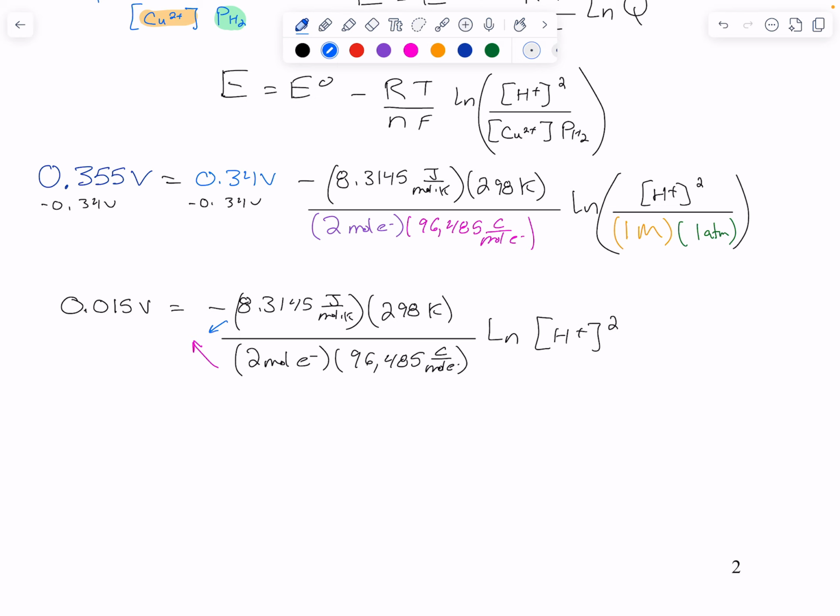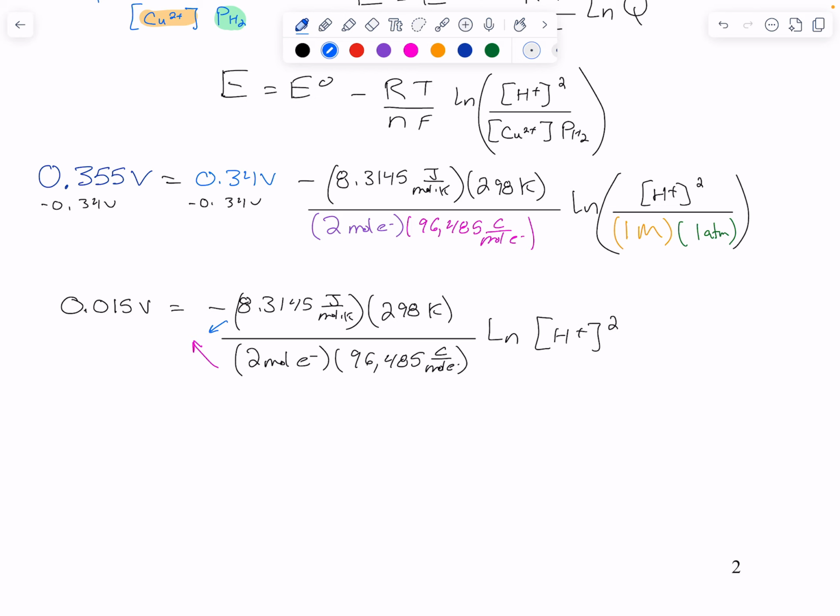All right. So if we do that, let's just get going here. 0.015 times 2 times 96,485 divided by negative 8.3145 divided by 298. I get negative 1.6823080565, and sig figs, we really only have 2. Unless you could argue 3.